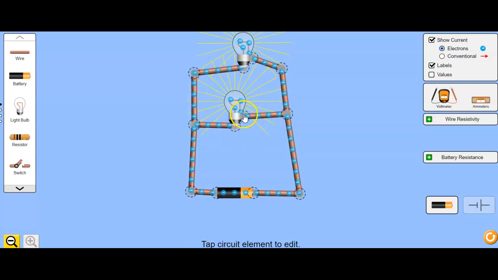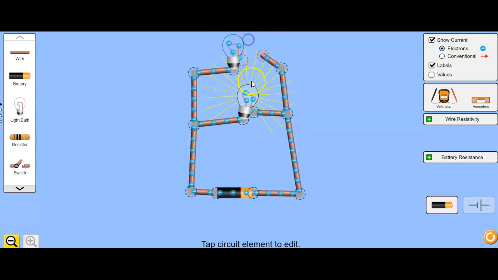So I'm going to turn off this light bulb, detach it, and this light bulb still lights because there's multiple paths for the electrons to move through. I'll reconnect these, disconnect the top one, and this light bulb still lights up. So multiple paths for current to travel through.